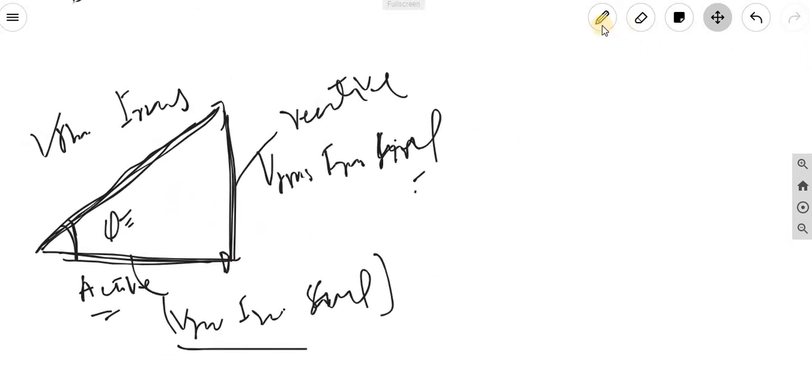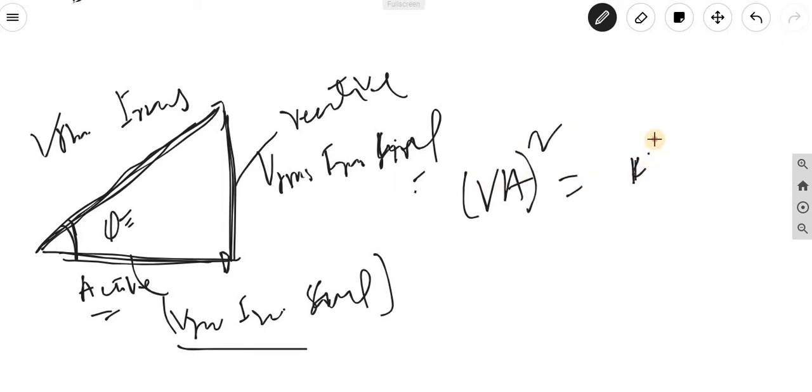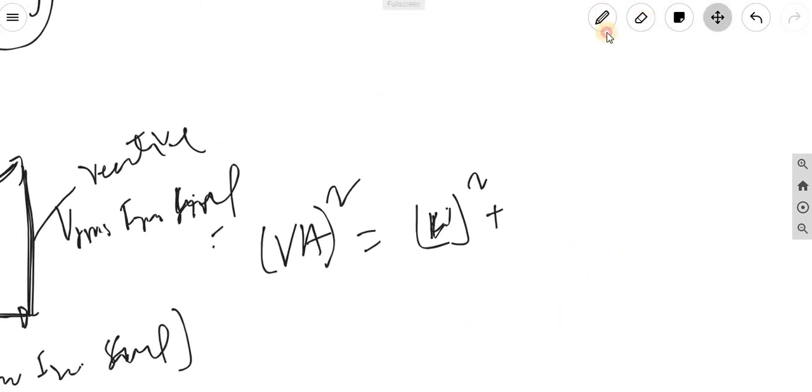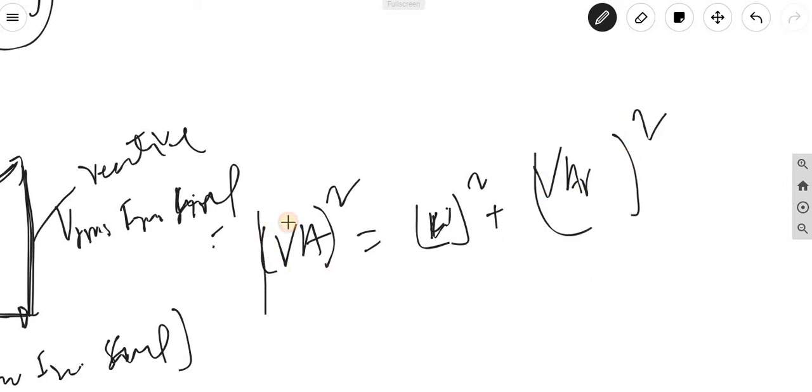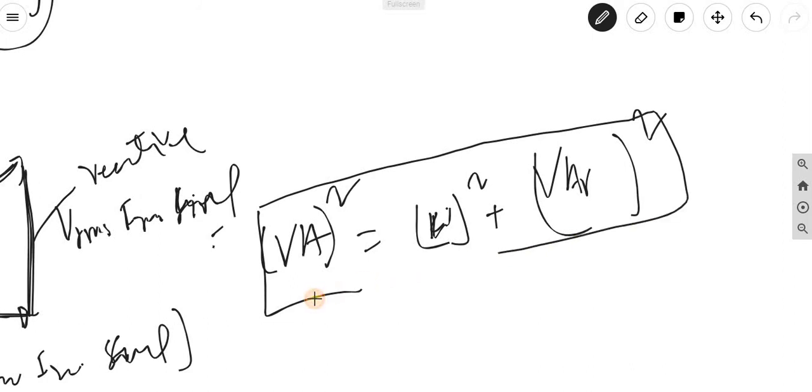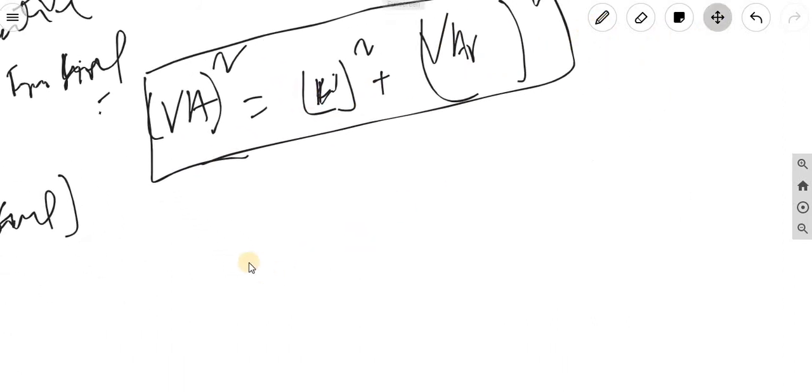Now since it is a right angle triangle, apparent power is presented like this: the kW, watt square, active power square, plus the VAR, this is reactive power, squared. This expression we can get. And from there we can also get cos phi.